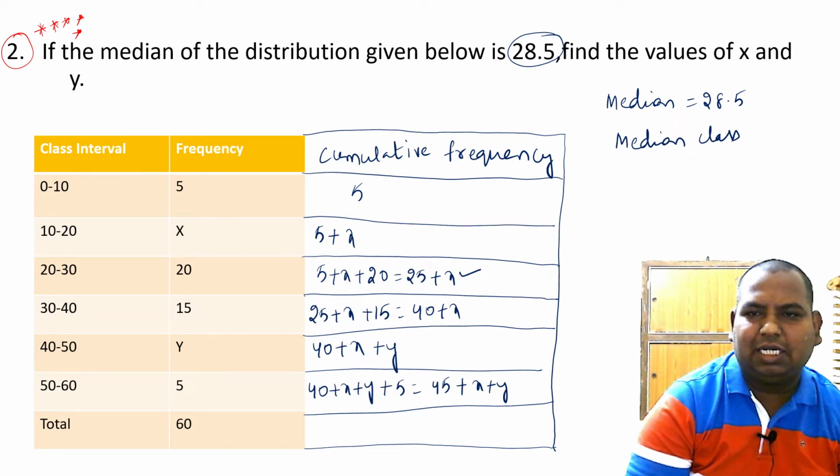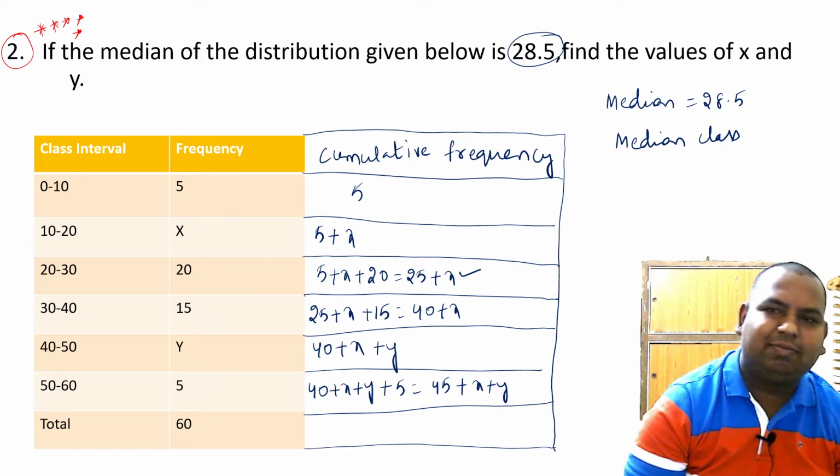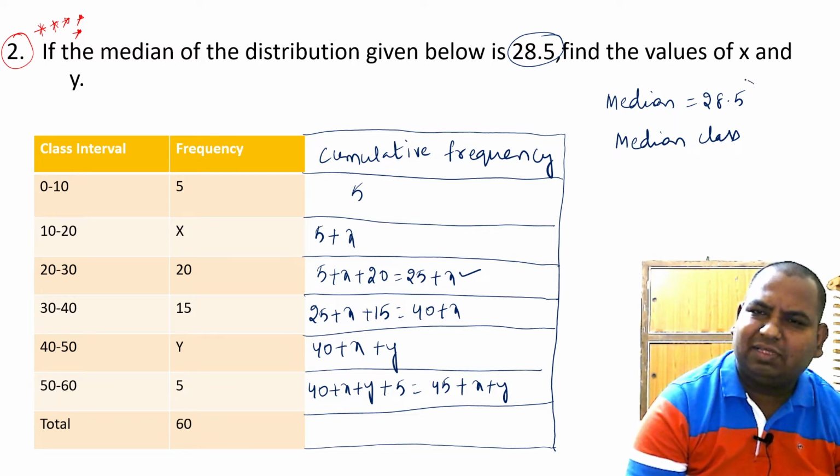As I told you earlier, the median will lie in between the lower limit and upper limit of the median class. Are you getting me? So 28.5 is lying between 20 and 30. So this class interval is the median class. Got it? The median will lie between the lower limit and upper limit of the median class.